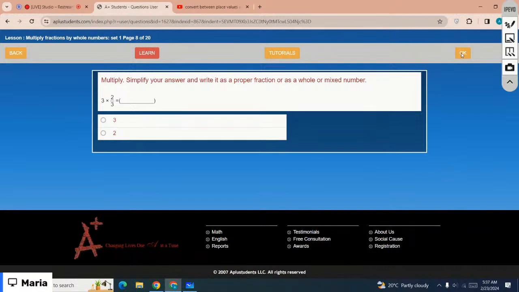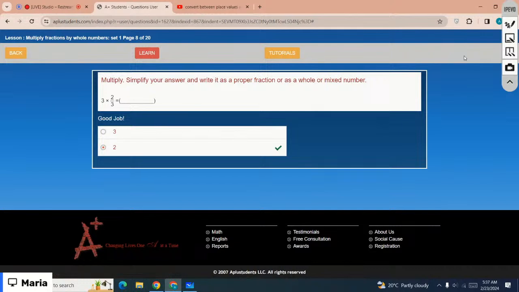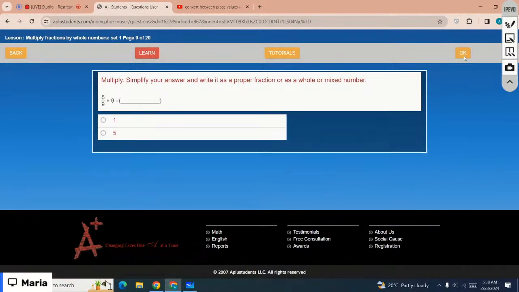3 times 2 over 3, which is the correct option? The correct option is, yes, 2 it is. 5 by 9 times 9, which is the correct option?